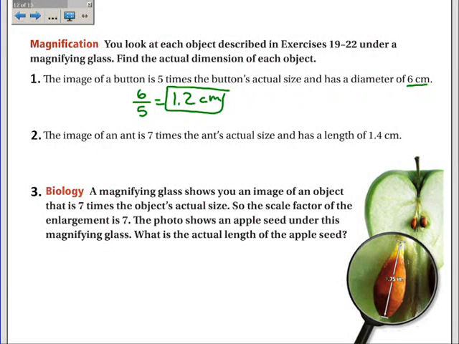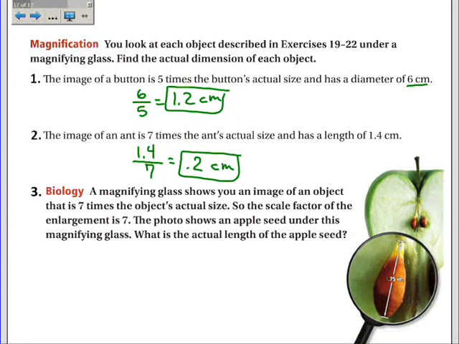The image of an ant is 7 times the ant's actual size and has a length of 1.4 centimeters. So I take 1.4, that's been enlarged 7 times. If I divide it by 7, I'll get the actual length of the ant, which is 0.2 centimeters. A magnifying glass shows an image of an object that's 7 times the object's actual size, so the scale factor of this enlargement is 7.